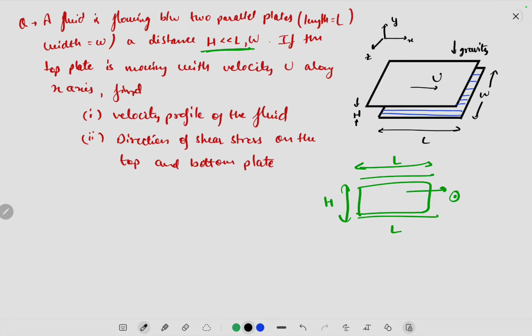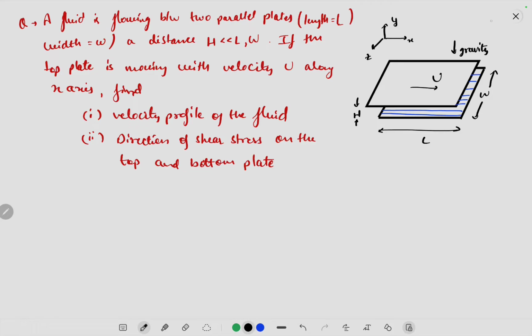It is written that H is very less than L and W. Now, the top plate is moving with constant velocity u along the x-axis. Find first the velocity profile of the fluid, and then the direction of the shear stress on the top and the bottom plate.